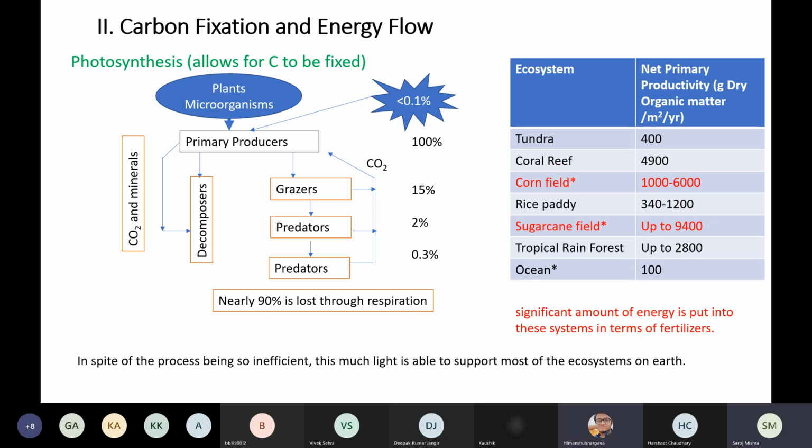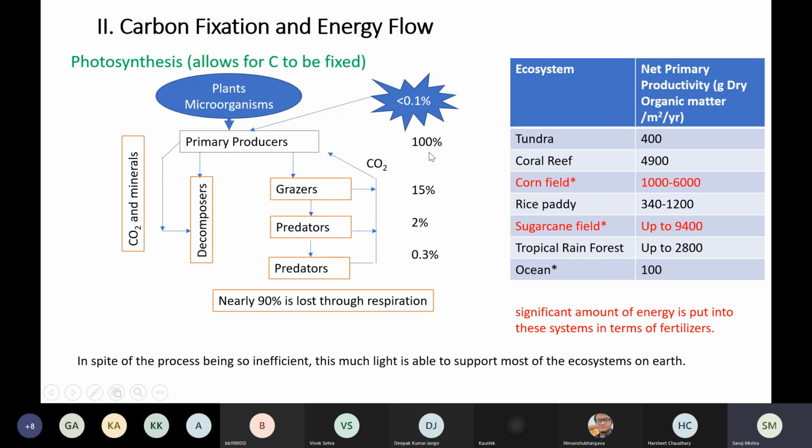So what is the 100%, 15%, 2%, 3%? I'll tell you, the energy. Yes, because at every trophic level, if this 0.1% in the primary producers is considered as 100% energy, then when you go to the grazers, which are actually the primary consumers, this is a point which I discussed earlier with you under the ecosystem.